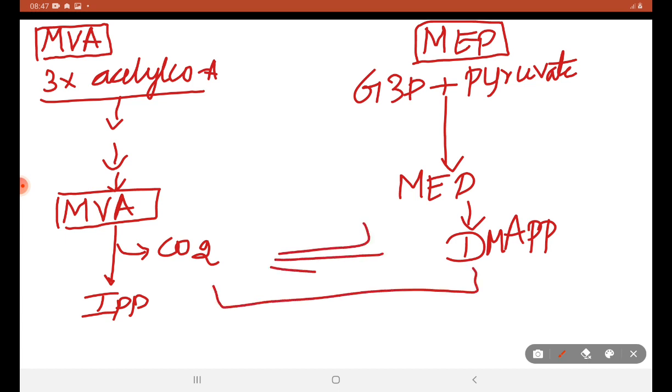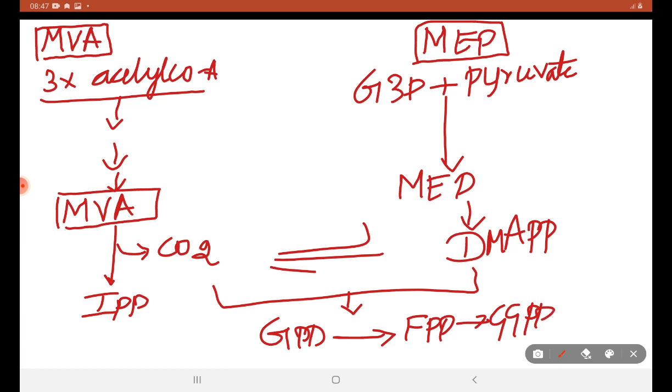They form geranyl pyrophosphate, then farnesyl pyrophosphate, then geranylgeranyl pyrophosphate, then polyterpene. These are the biosynthesis of terpenes.